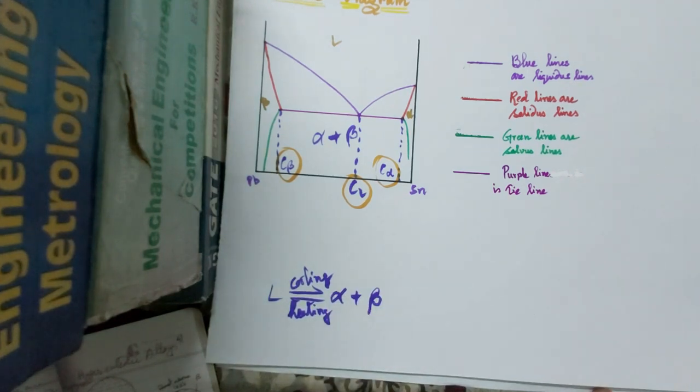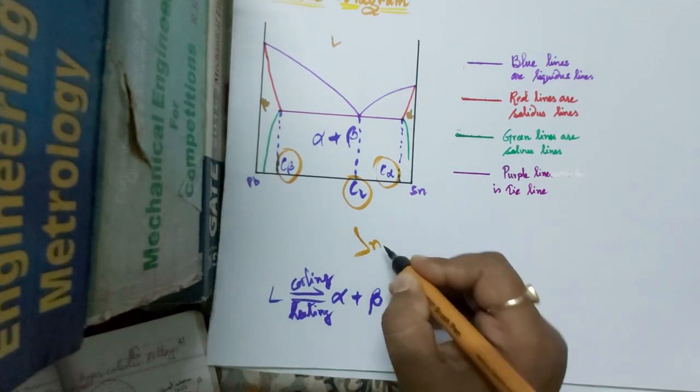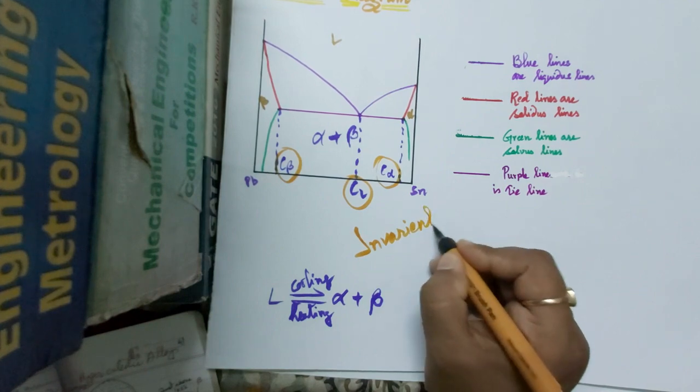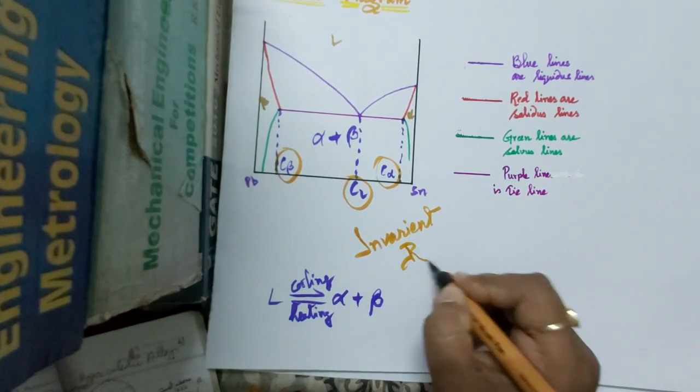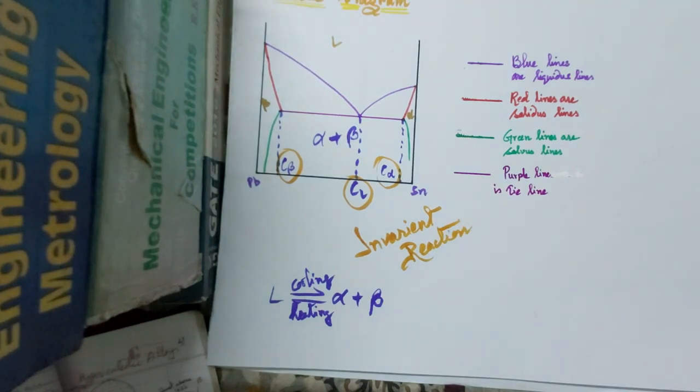I think you know the difference between phase and state, which I have already discussed in my previous lecture. So this eutectic reaction is also known as invariant reaction.